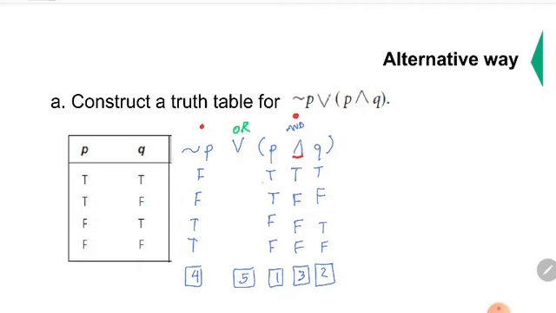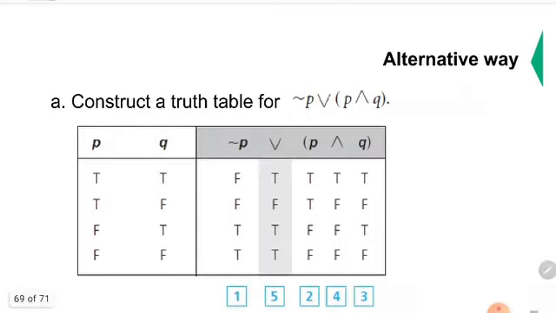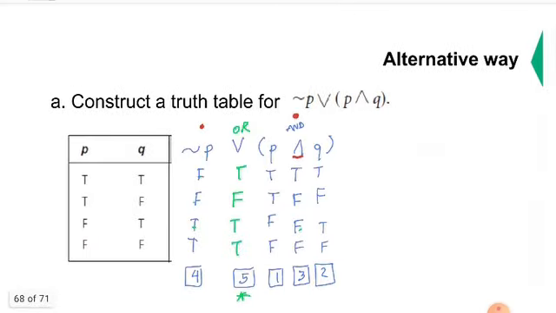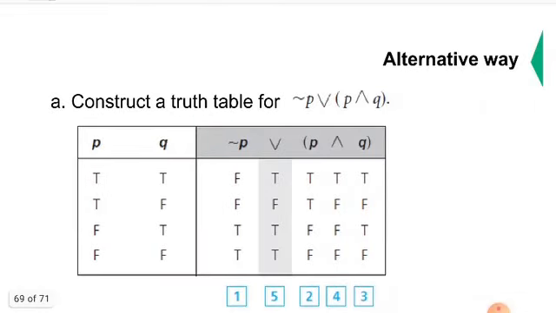False and true, so true, false and false, false. True and false, true and false, true. This is my final answer. Okay? Tama ba? Okay, we are correct. Again, ibig sabihin, if P is true and Q is false, false na yung statement na to. Pero kung yung P ang nag-false, okay lang. True pa rin yung statement na to. And so on.